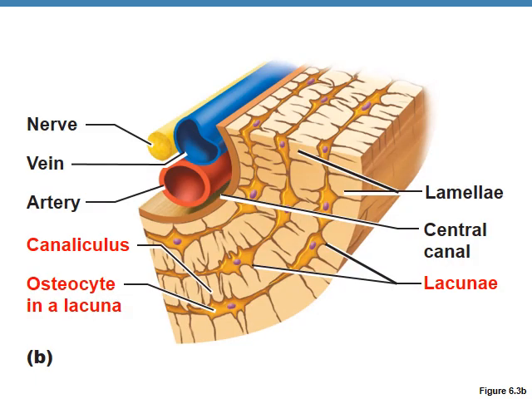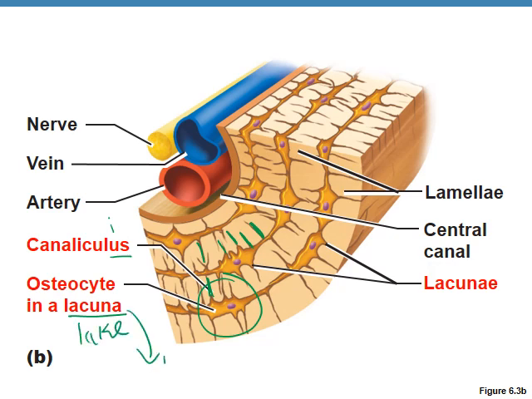Again, here's an expanded, more detailed figure from your book. Canaliculi is many, canaliculus is one. These little tiny hair-like channels allow osteocytes to talk to each other. This is an osteocyte, and it's in a lacuna, which just means lake.